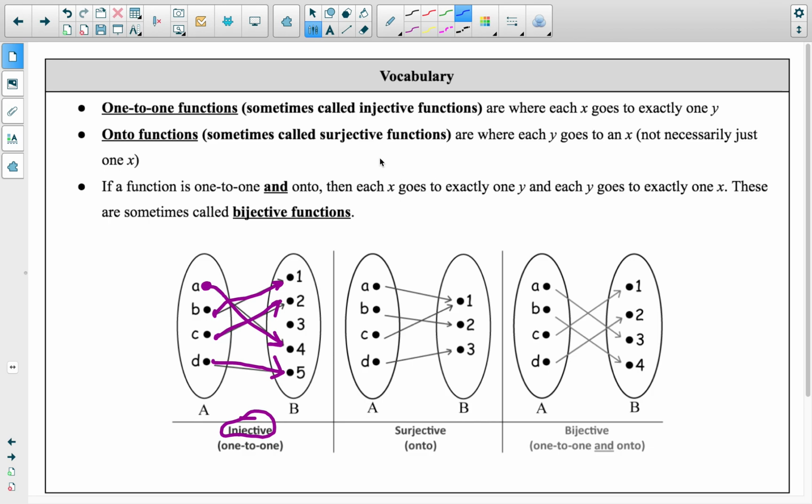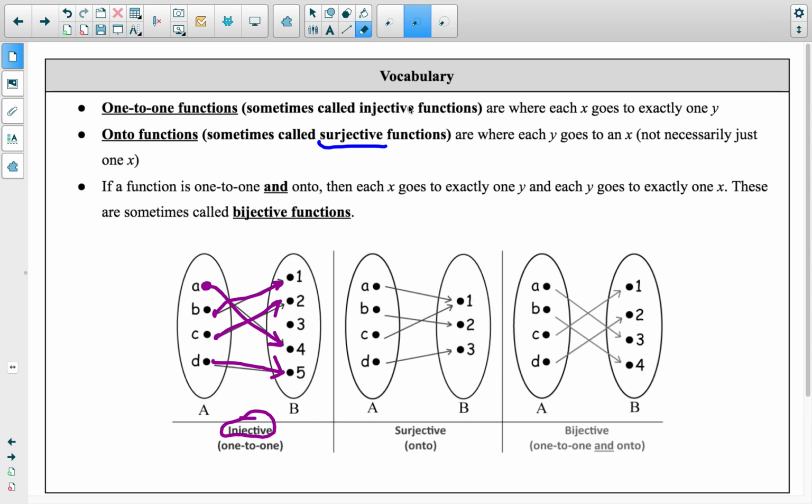If a function is onto, that is sometimes called a surjective function, each y goes to an x. Not necessarily just one x, but each element in the range has an arrow going to it. So 1, 2, and 3 all have arrows going to them, so this would be an onto function.